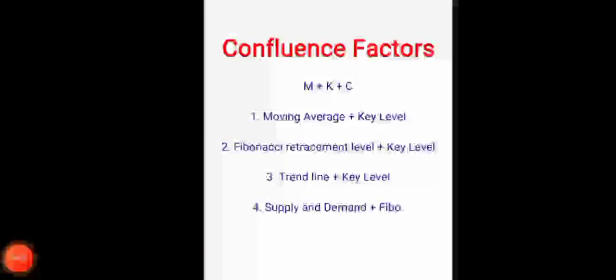So the first thing you should know about confluence factors is this. First of all, the confluence factors you're looking for must be uncorrelated. For instance, let's say you're looking to trade a key level, and you say, okay, I see this key level and it is also a support level.